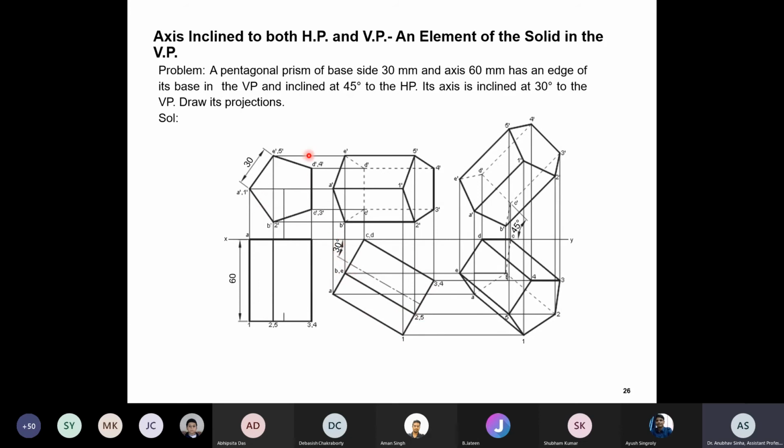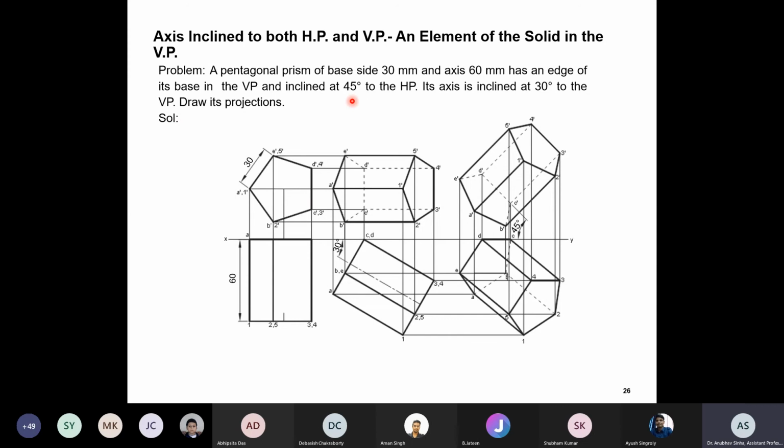Now you make this pentagon, you make an inclined plane out of that, and using this projection, you join it from the left side, and then you get one plane at this angle and then another plane. Joining all these planes, you will get a solid which is inclined. So this is the first case where the axis is inclined 30 degree to the VP that we have considered.